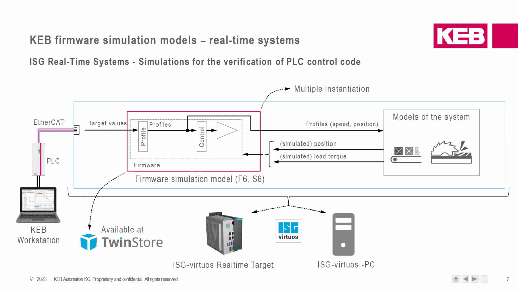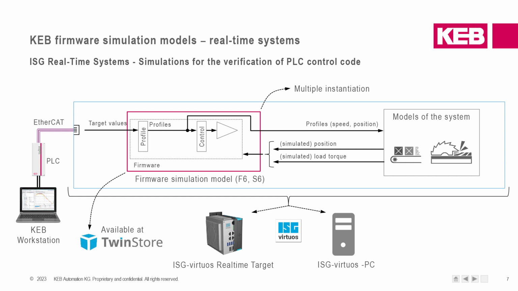How does a real-time system in combination with our simulation model look? In this example, we have on the left side the KEB workstation with our tool COMBIVERT 6. We have a PLC with the EtherCAT communication and an environment with our simulation models, for example the S6 or F6 simulation model.